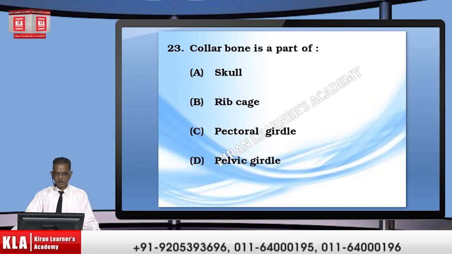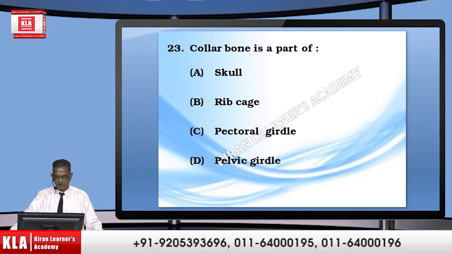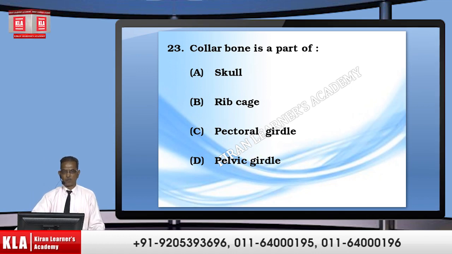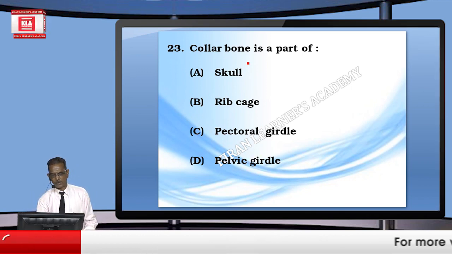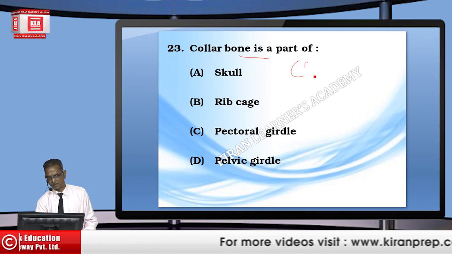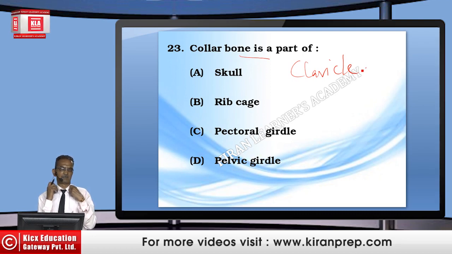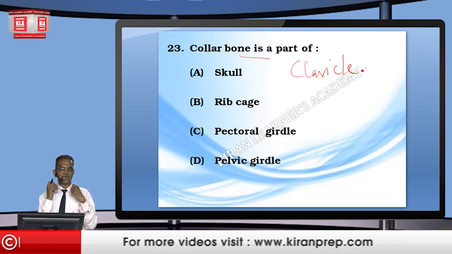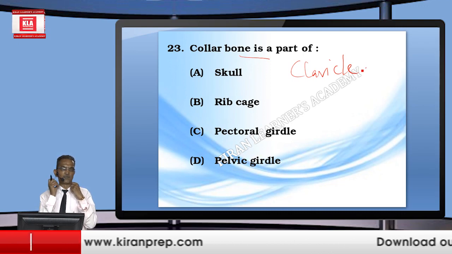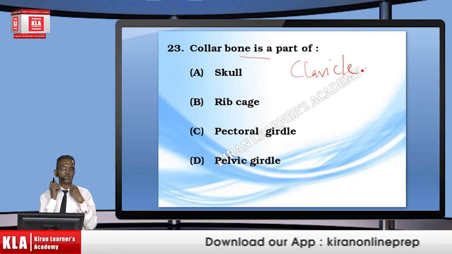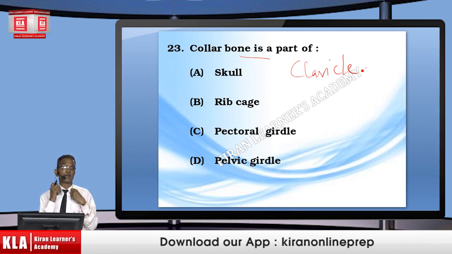Next, collarbone is a part of the skull, ribcage, pectoral girdle or pelvic girdle. Collarbone is what we call the clavicle. This is the bone on which our collar rests. Either we call it collarbone because of the collar, or we call it the collar of the shirt because it rests on this bone.